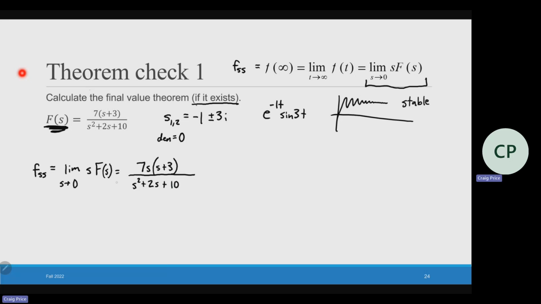And we're taking the limit as s goes to 0. That's the important thing, is multiplying it by s. We're going to multiply it by s.